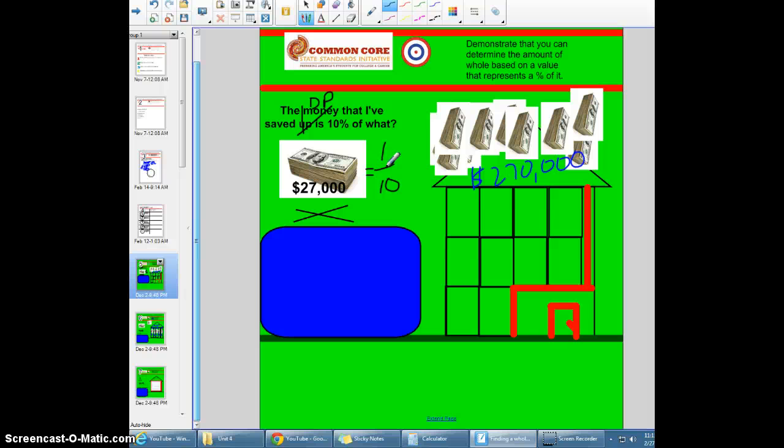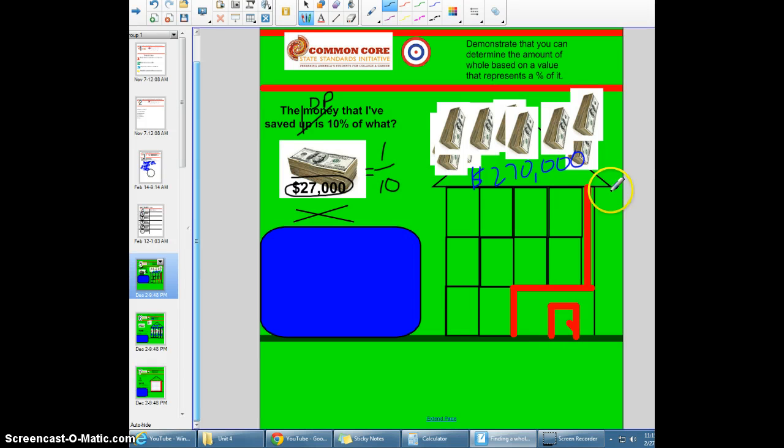So, my down payment is 10% of what number? My down payment is $27,000. Let's start working with this. $27,000 is equal to 1/10. So what is 10/10? A lot of you mentally were able to figure out these types of problems with 10 and 20%. But I'm trying to conceptually show you what's taking place here.